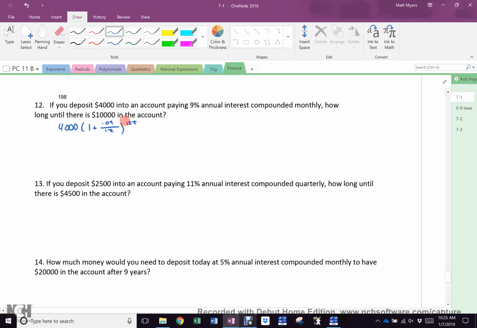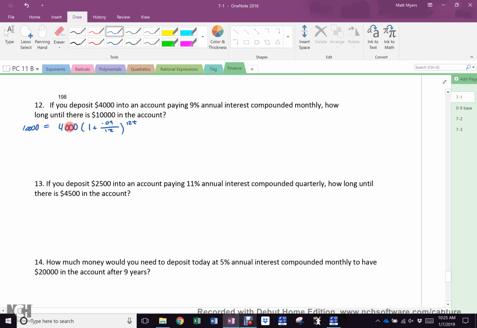So that's the formula, right? Because we don't know the t. Question is how long. But I do know that all that is going to equal 10,000, correct? So even if you don't know how to do logs, you can do all the algebra to sort this out, yes? You got to get t by itself.